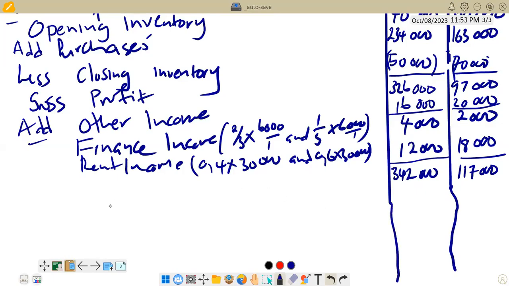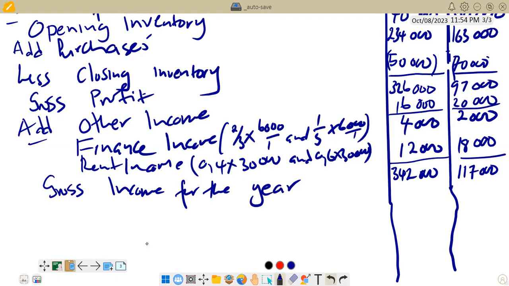Right. So after that now, the figures that we got here, we can call those figures gross income for the year. And then after that again, we are now subtracting distribution, administration, and other costs.